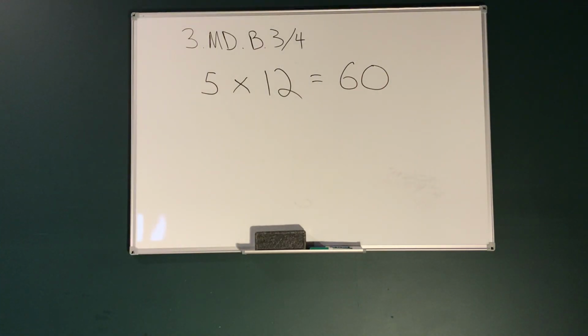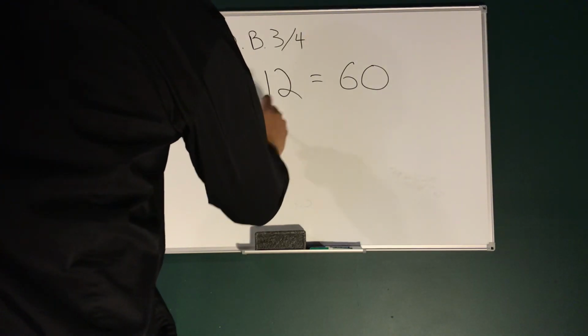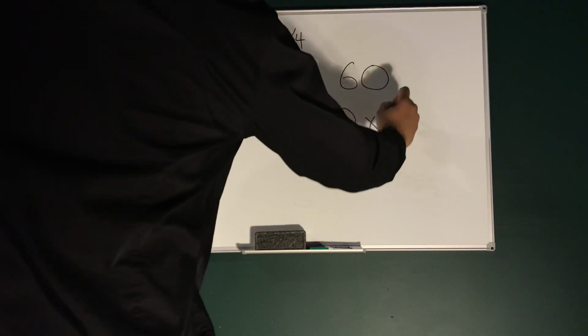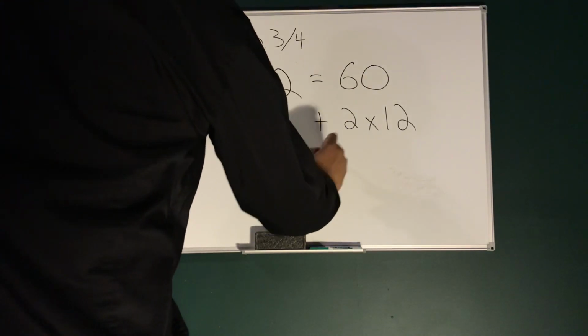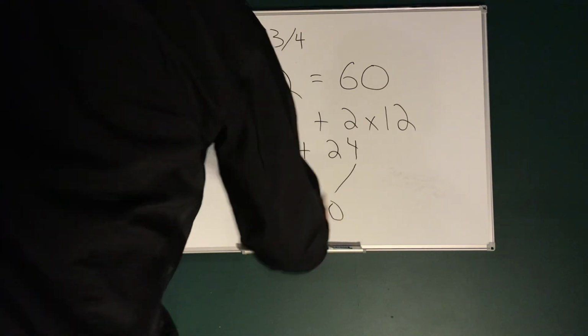Well, we can do the same method and break the problem down into smaller problems. Now, think about some ways to create the number 5. I was going to add them together. So if I was going to add to make 5, I could use 3 times 12 plus 2 times 12, which would give me 36 plus 24, which is also 60.